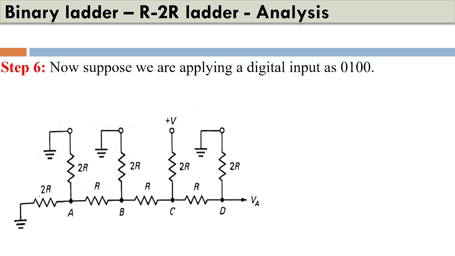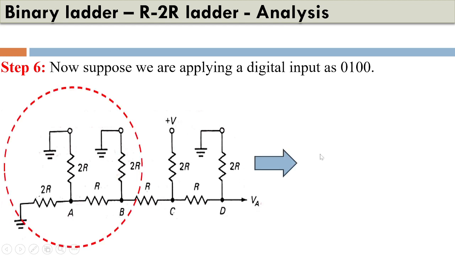Now we will consider a situation where we have applied a digital input which is 0100, where the other three inputs are connected to ground except the second bit after the most significant bit, which is this position. Now we will see how we can analyze this particular circuit.